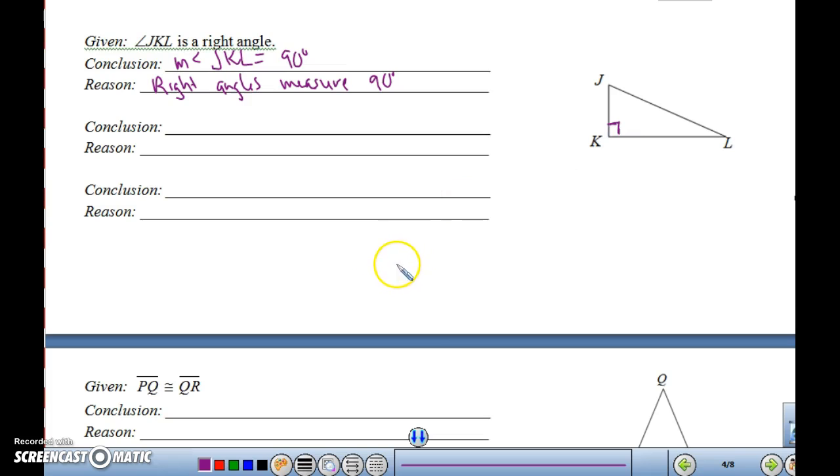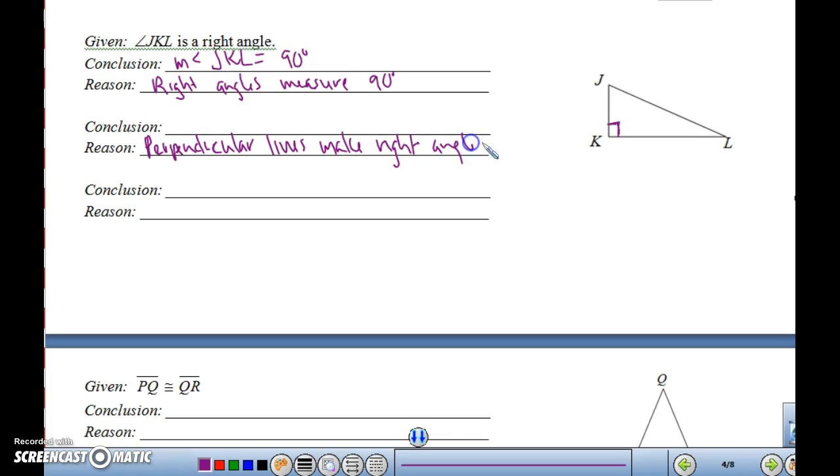All right, now what else do we know about right angles? How are they made? Well, if I have JK and KL here, and they're put together to make a right angle, what do we know about JK and KL, the segments? Well, they must be perpendicular. We know that perpendicular lines make right angles.